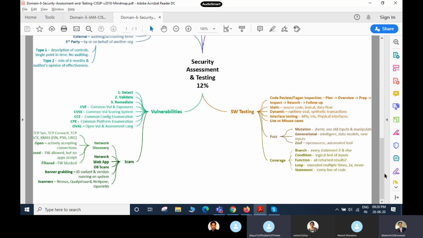And if the organization has different applications such as web applications, it will be helpful to find the vulnerabilities in web applications, databases, or any networks.